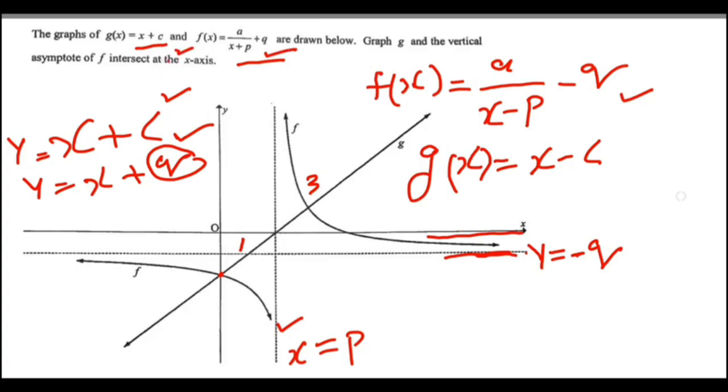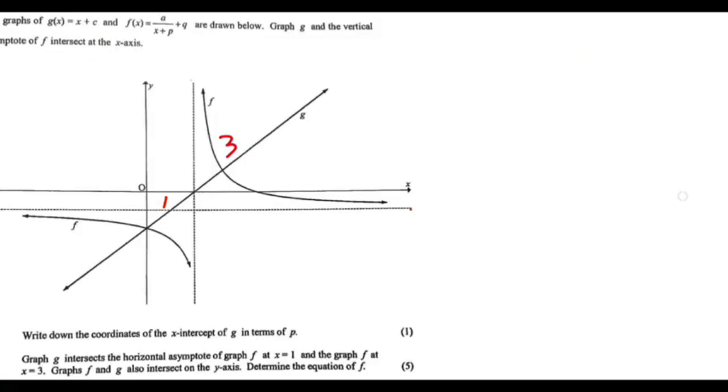Why? Because we don't have any other information, so we're going to equate these equations. I would like to use these standard equations, and then solve algebraically. Either way, the answer is the same. So we have the asymptotes.